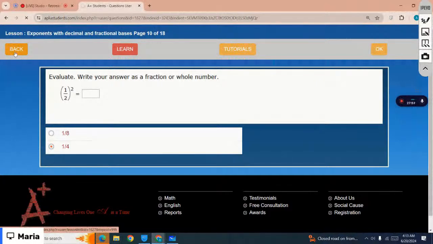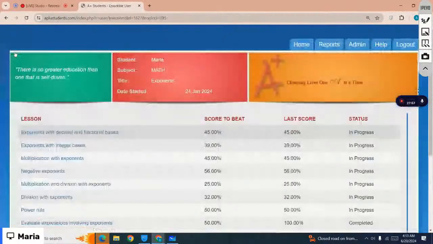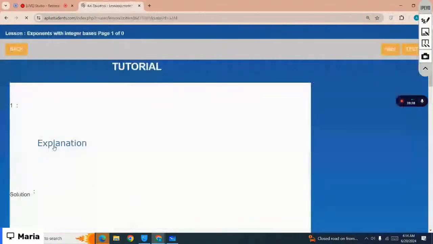Let me move on to the next lesson. The next one is exponents with integer basis. Let's start with the lesson.